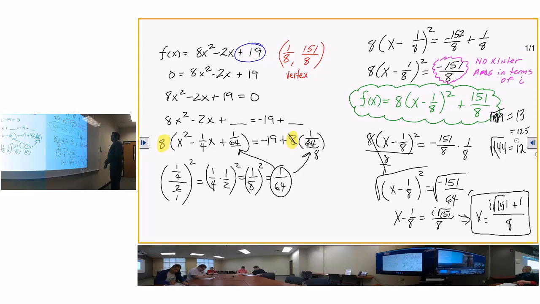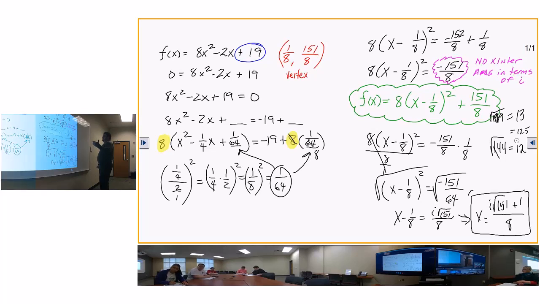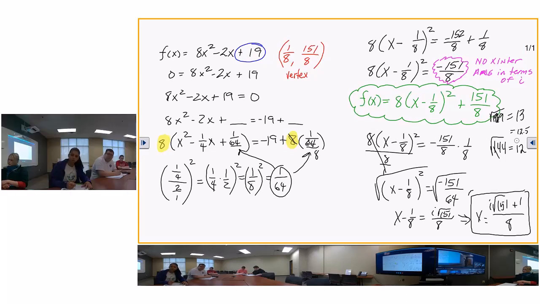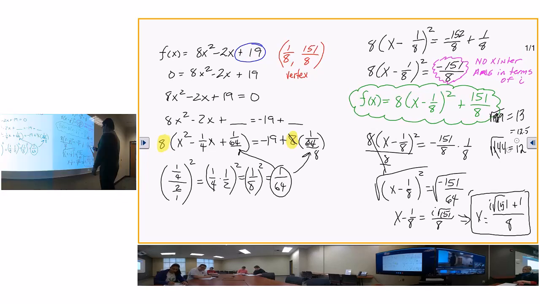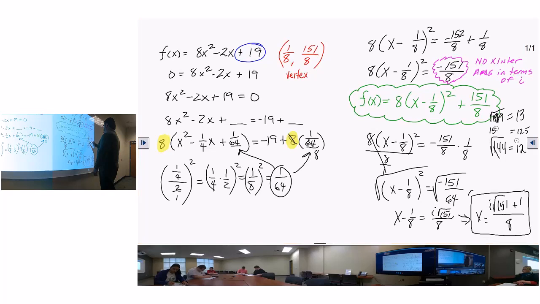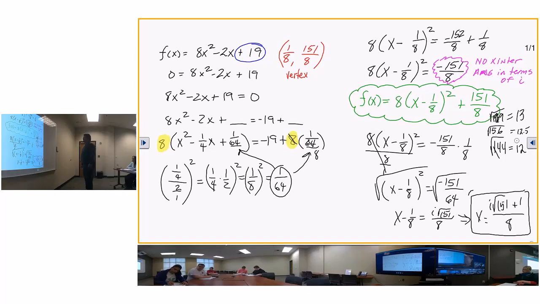And 144 to 169 is what? 25. Half of 25 is 12.5, so that'd be 156. So the square root of 156 is equal to 12.5.